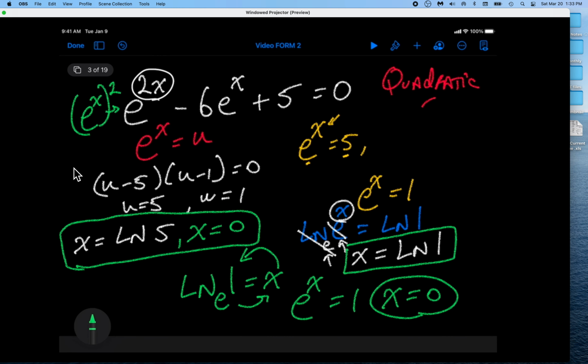These are the same. Once you have that, you set that equal to u, then we factored it and set both factors equal to 0, solve for u, replace the e to the x back in there, and solve for x using logarithms. So a very interesting problem.